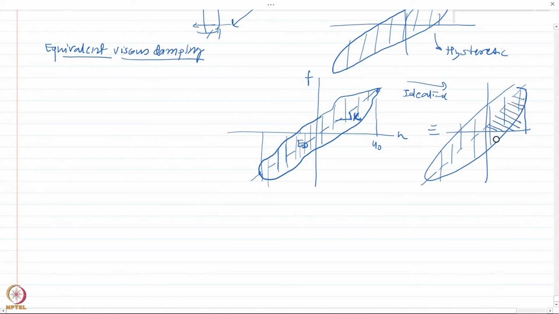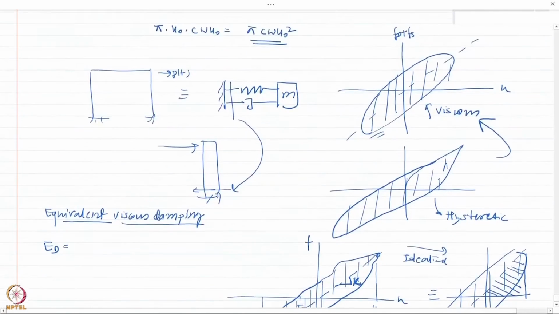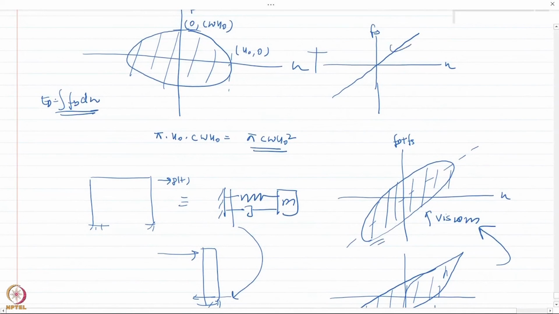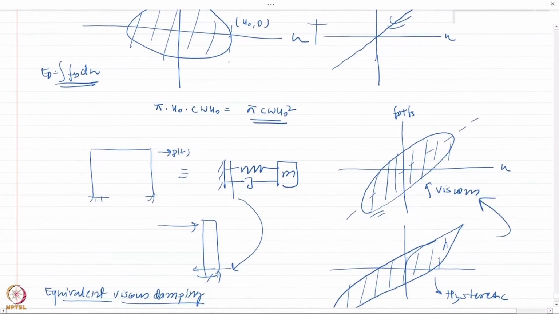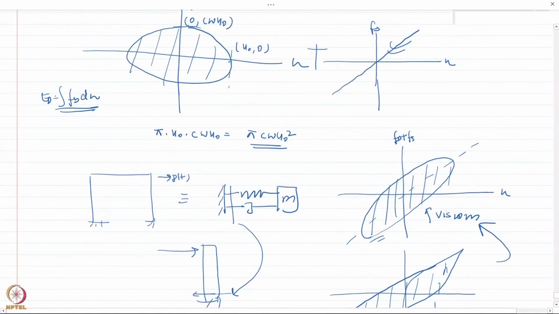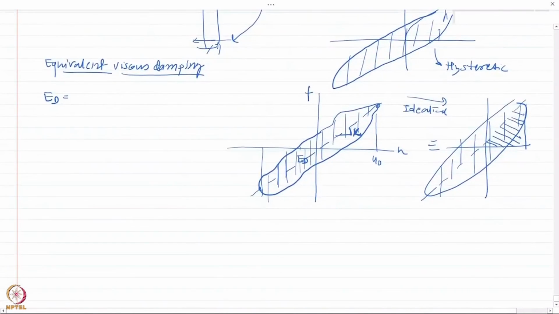Basically, whatever energy dissipation I get from the experiment, I'm equating it to the energy dissipated in a viscous loop. Remember, there is no energy dissipation in the linear elastic behavior of the spring. So whether it is rotated by an angle doesn't matter, the total energy dissipation is going to be the same.